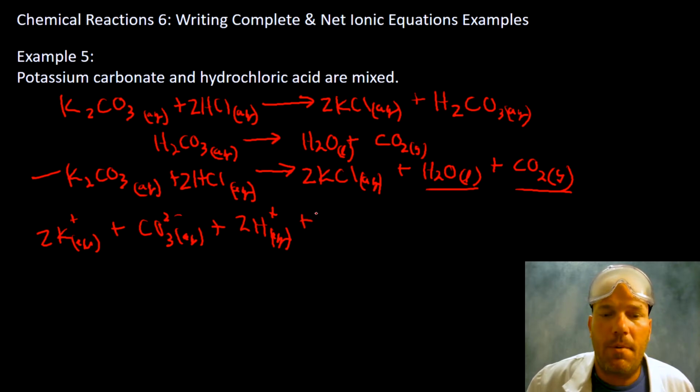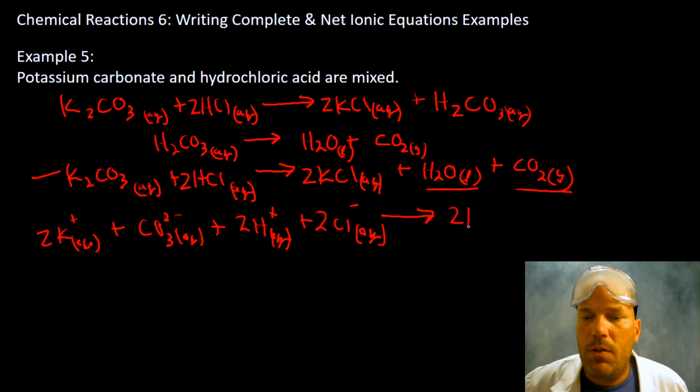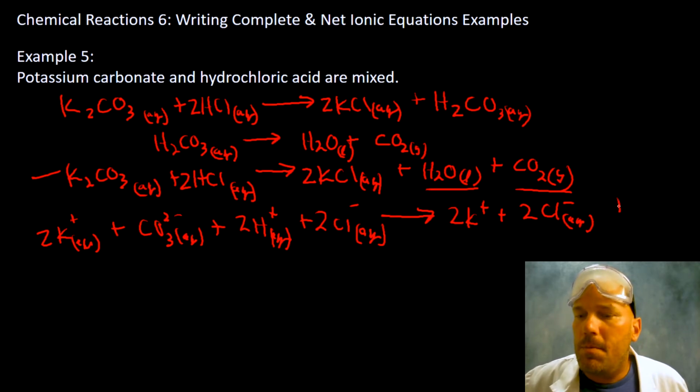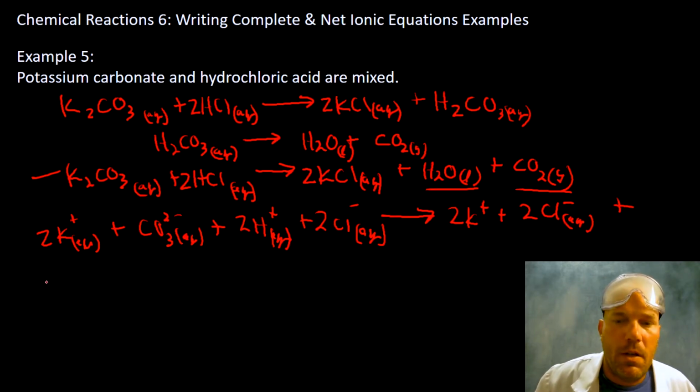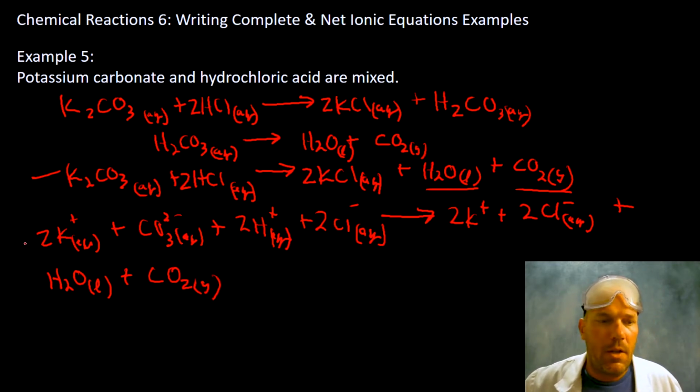Stay tuned on that. Chloride anion, aqueous 2 yields 2 potassium cations plus 2 chloride anions plus, better continue over here, H2O and carbon dioxide gas. All right, spectator time.